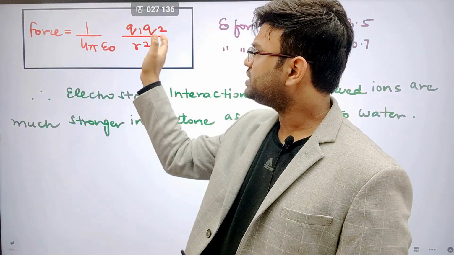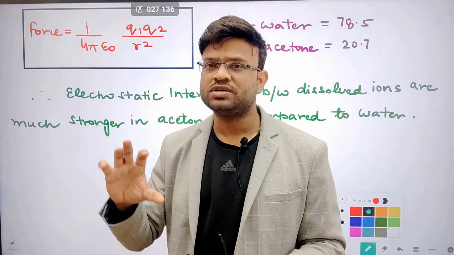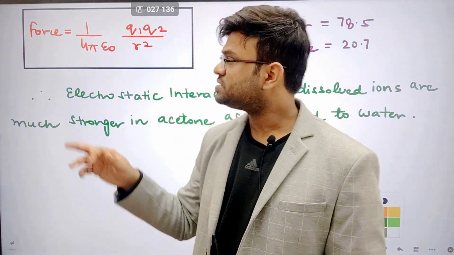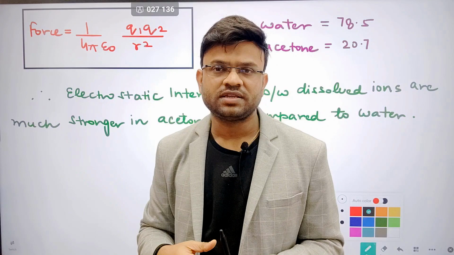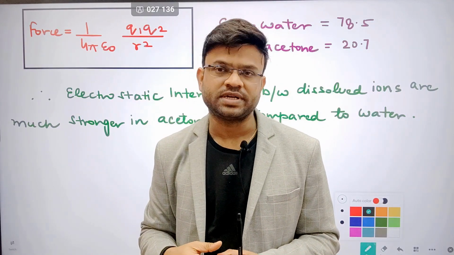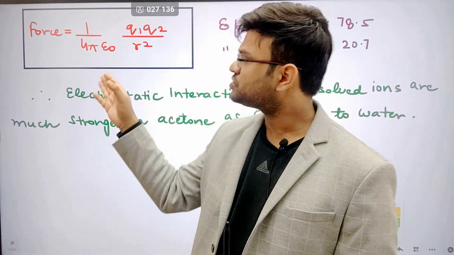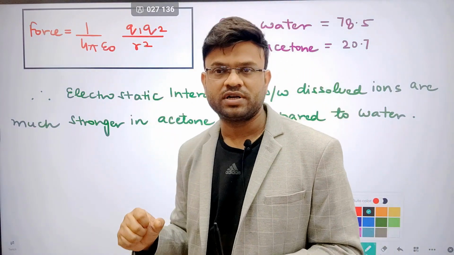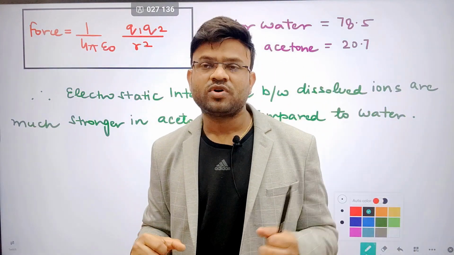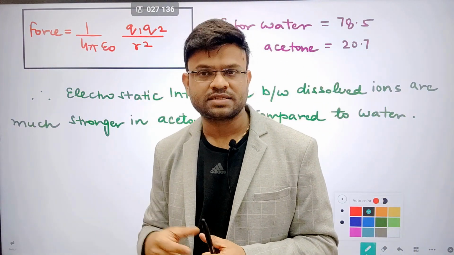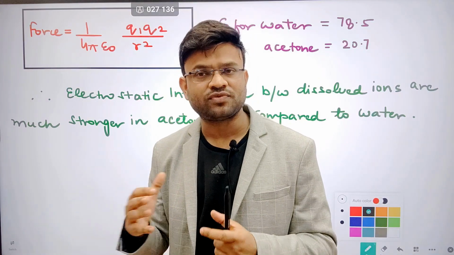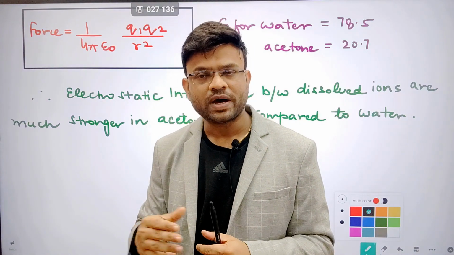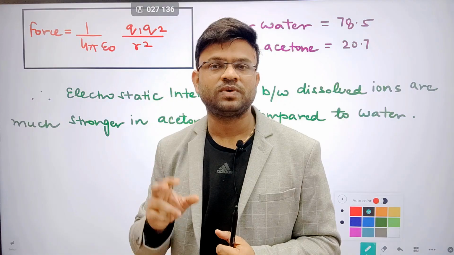If you keep everything constant and just change the solvent's nature, with water in one case and acetone in the next, the force of attraction will be inversely proportional. In case of water the force of attraction will be less, whereas in case of acetone the force of attraction will be more, because of the inverse relationship.